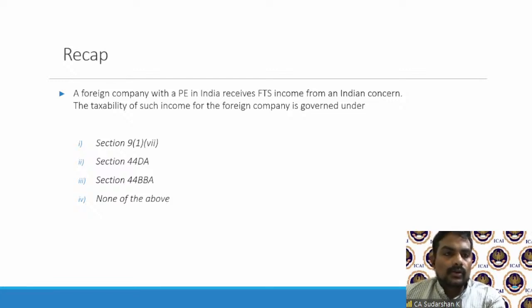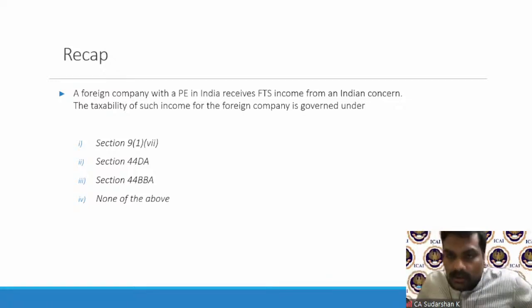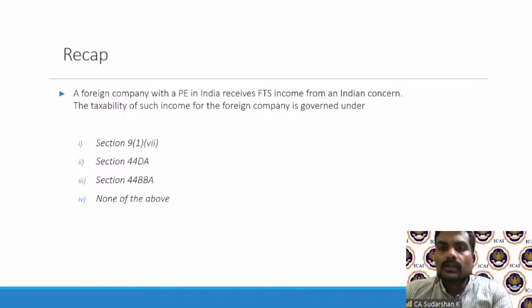But as I already indicated, PE is similar to business connection, which you have seen in section 9, clause 1, subclause 1. So essentially, if a foreign company is trying to have a place of business in India, again, doing business in India, then a PE automatically triggers.